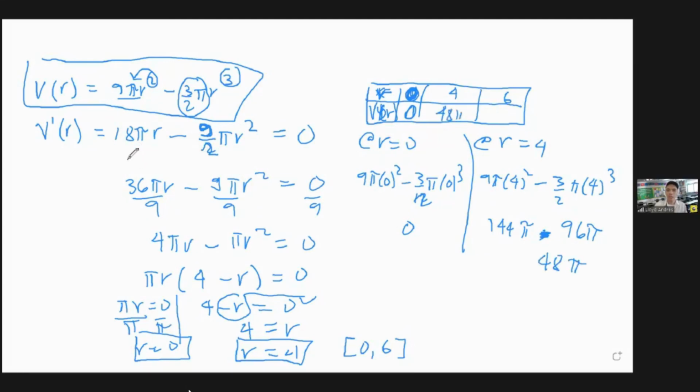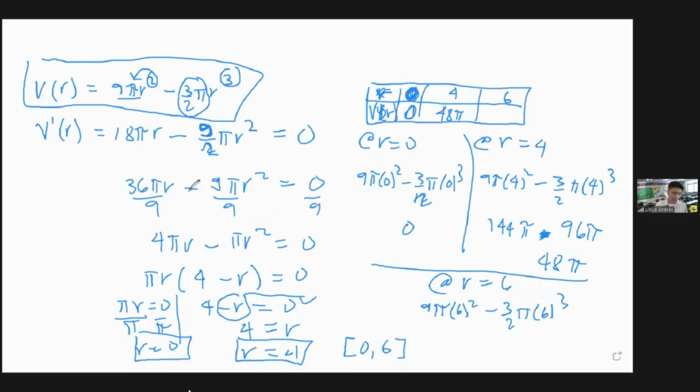And lastly, at r equals 6. So 9 pi times 6 squared minus 3 halves pi times 6 cubed.